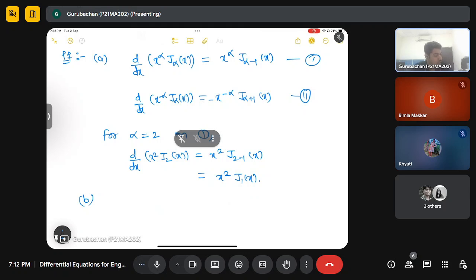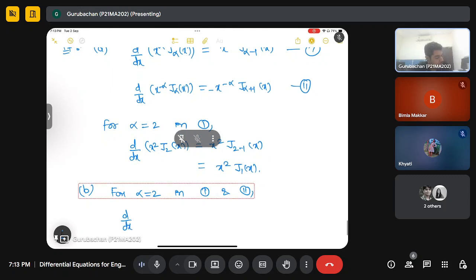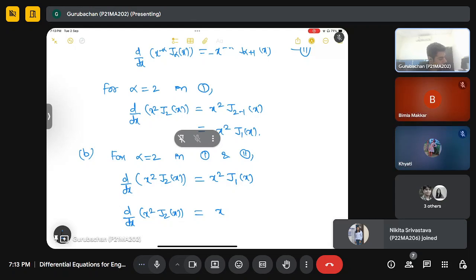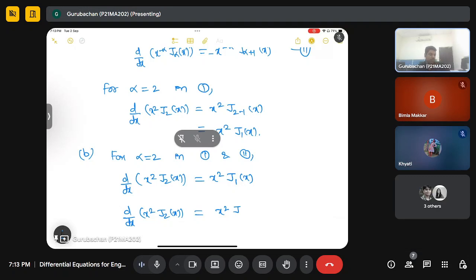If you observe here, for alpha equal to 2 in 1 and 2, this will give you that d by dx of x to the power 2 J2x is x to the power 2 J2 minus 1, that is J1x, and d by dx of x square J2x will be x square J, can we use this one, J3x?